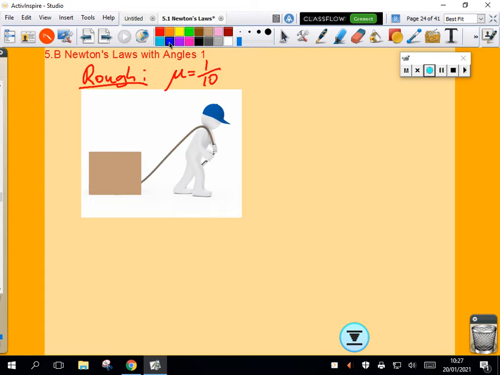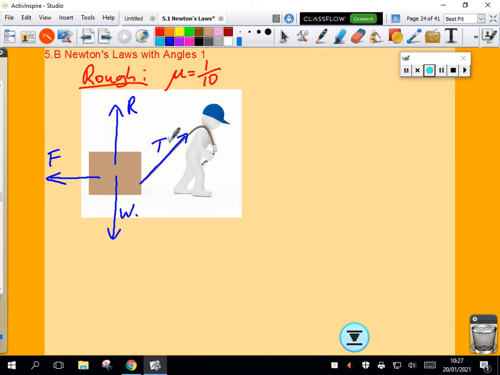Well, what's the same is we're still going to have a tension force here. We're still going to have the weight of the box acting downwards. Opposing that, we're still going to have the normal reaction. And then finally, in this case, we are going to have some kind of friction force. I'll just call it F, pulling to the left.